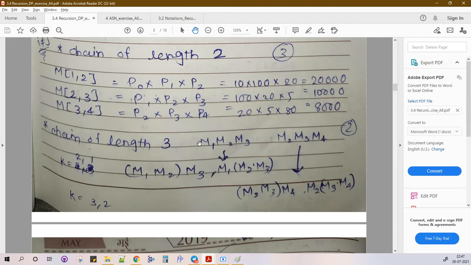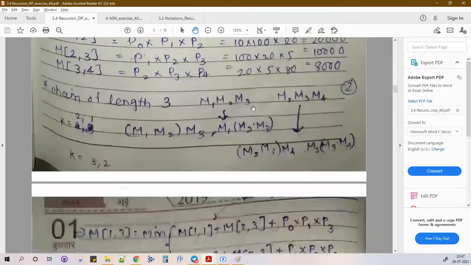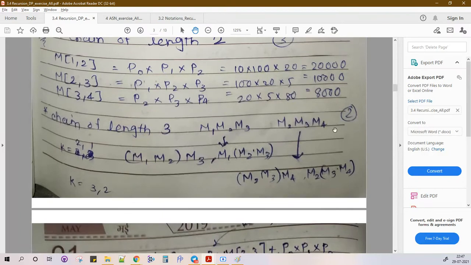And this can be broken further into (M1M2)M3 and M1(M2M3). I can just group the first two or the last two. This is just for understanding purposes. So let's solve these and see which is good computationally, M1M2M3 or M2M3M4.